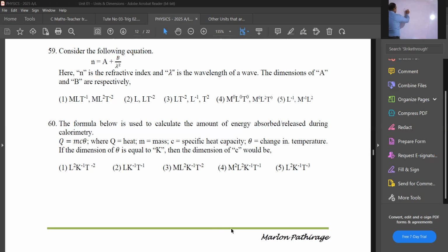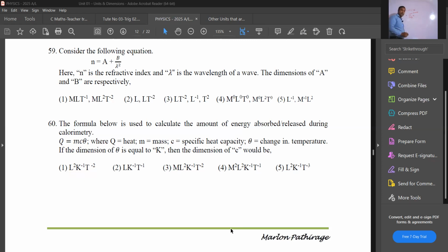Q equals M C theta, so C is equal to Q over M theta. Q means heat energy. Heat is energy.